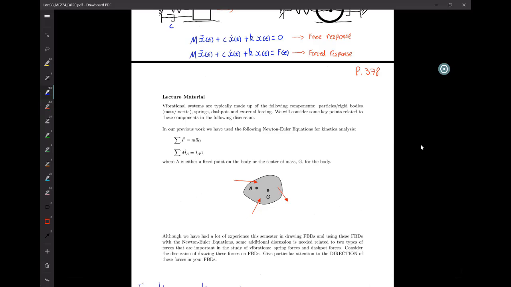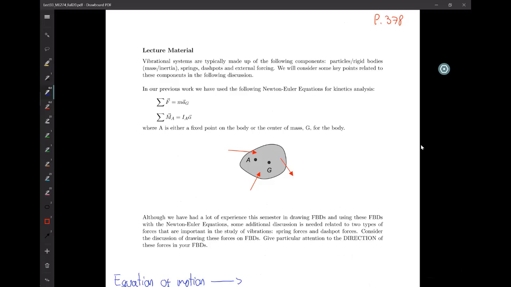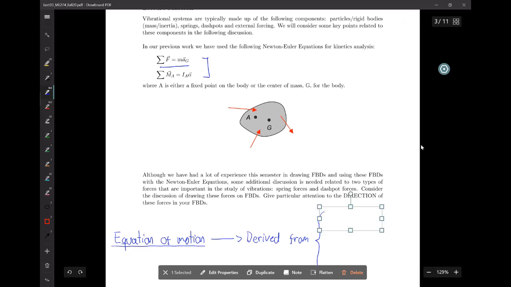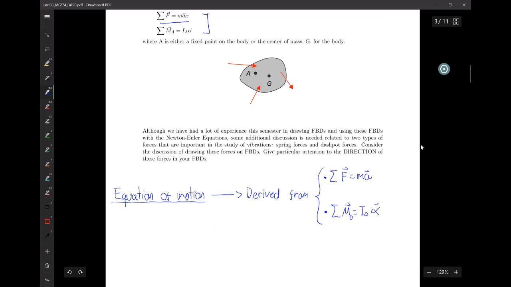And we know that Newton's second law, when we have a particle, it's only this bit, and when we have a rigid body, we need also the rotational part, which is dictated by Euler's equation. So we don't need to do anything else. They are derived from what we know already. If we have a particle, just Newton's law in its purest form, and if we have a rigid body, we need to include the rotation, all right? That's it. That's really it for this.